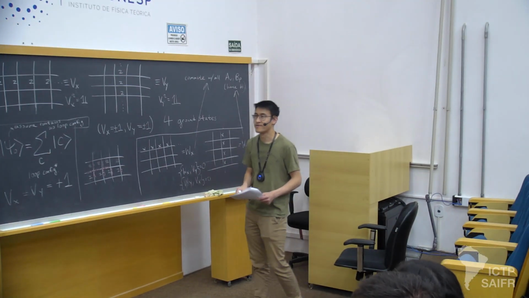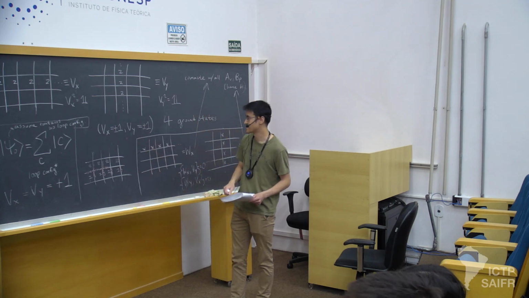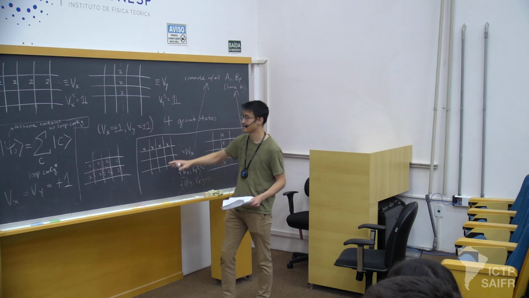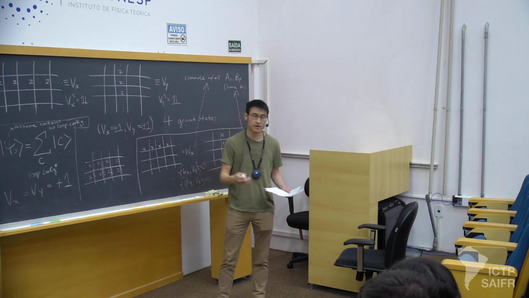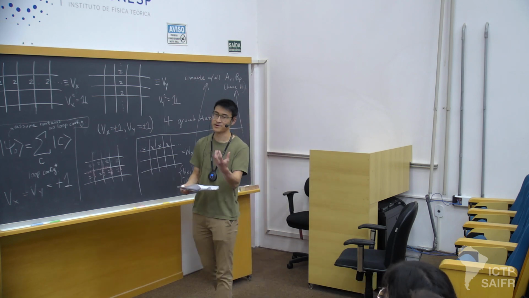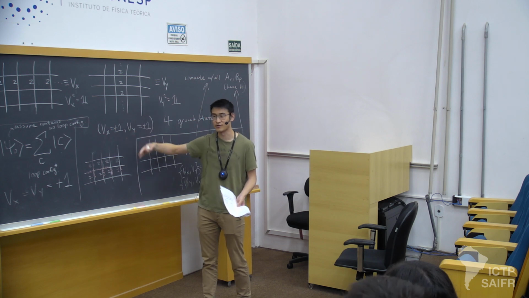Okay, so I'm running a little bit short on time. Let me just say that we found non-local operators that can take you between the different 4 ground states. However, it turns out that no local operator can take you between 2 different ground states.